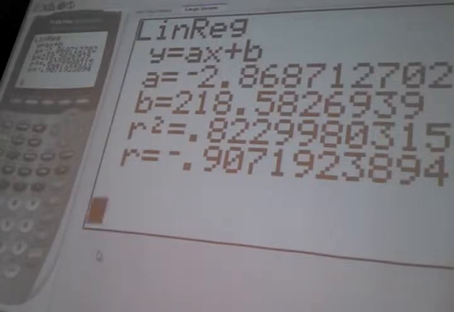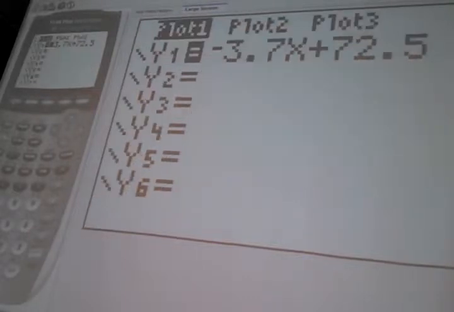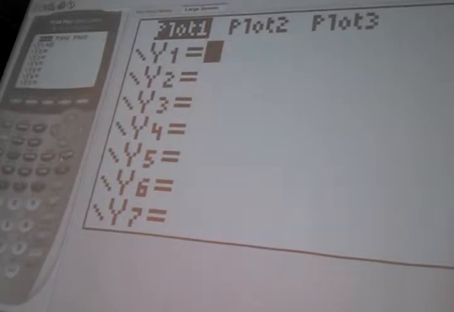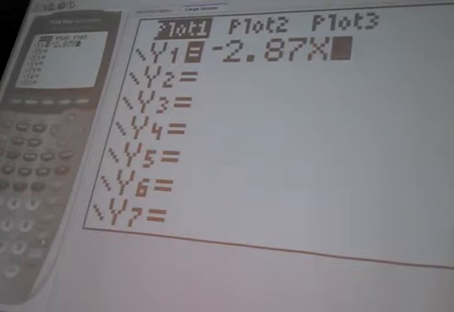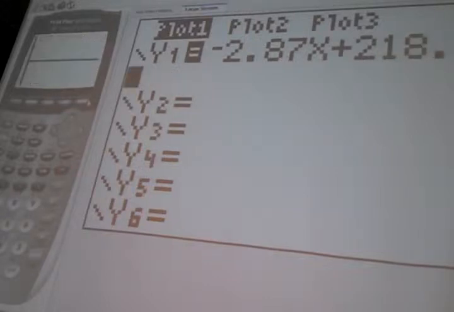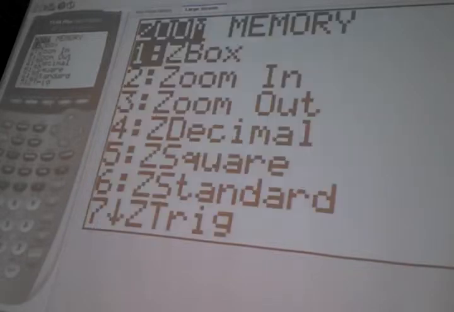And then you put that in, let's just say, into y equals negative 2.87x plus 218.6. Now, of course, if I just hit graph right now, I'm probably going to get something very strange. I think I've done this enough. What do I have to hit? Zoom 9. Yes. Anytime I put new data in, Zoom 9.